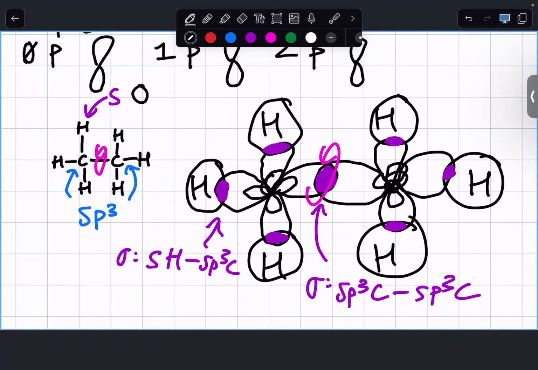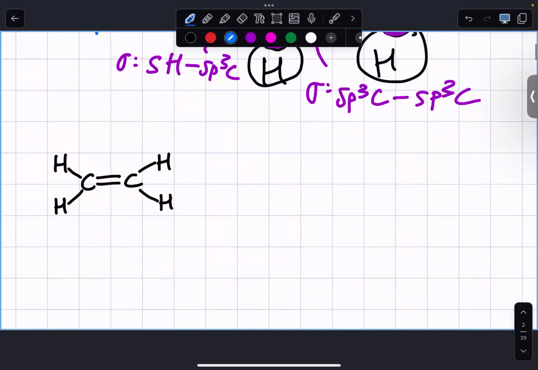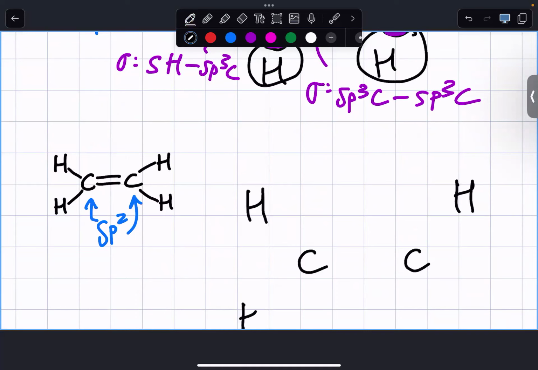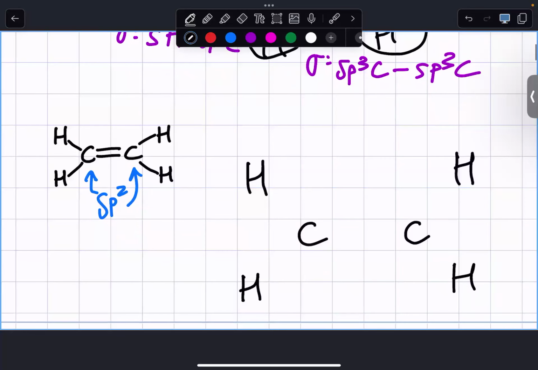Okay. Now let's move on to the sp2 alkene and see what that looks like in orbitals. Since these carbons are sp2, they have 3 sp2 orbitals. One of them is that, the second one is that, and the third one is that. Right?